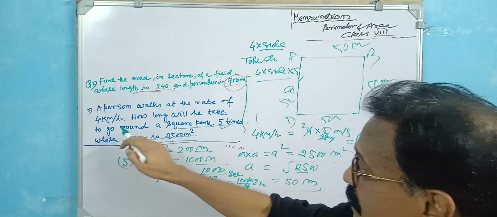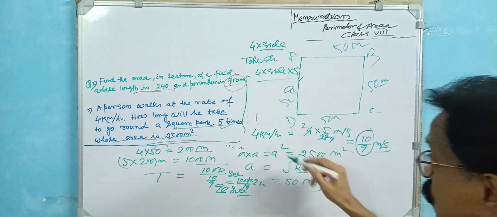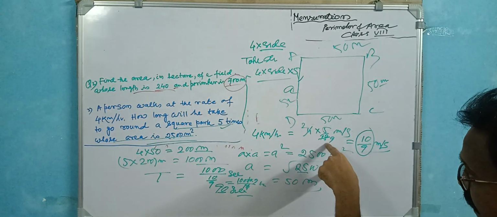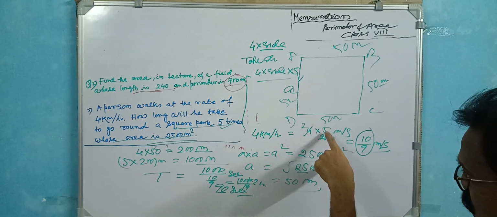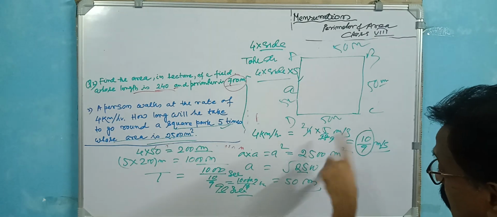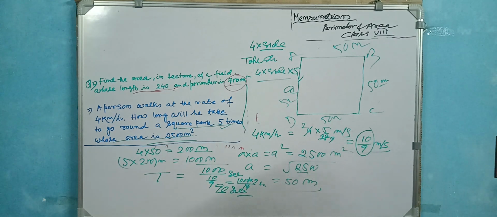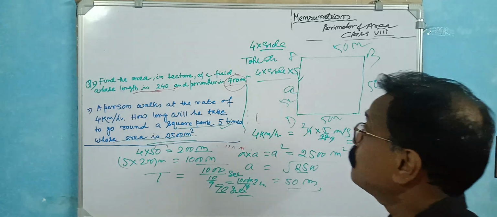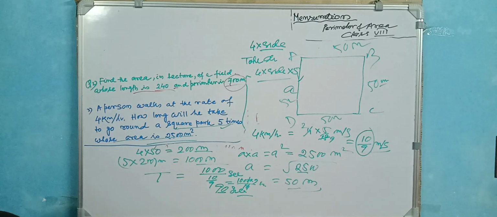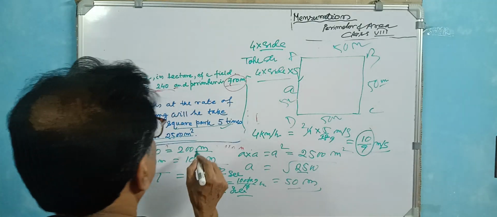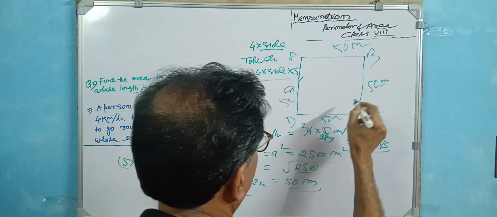A person walks at the rate of 4 kilometer per hour. 4 kilometer, 4 into 5 by 18. 5 by 18, this is 2, 10, this is 9. Okay, meter per second. So 50 means 200. That means here is 200 for one time.